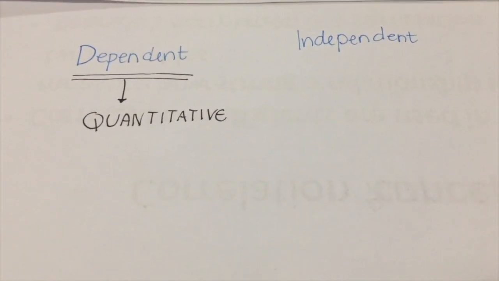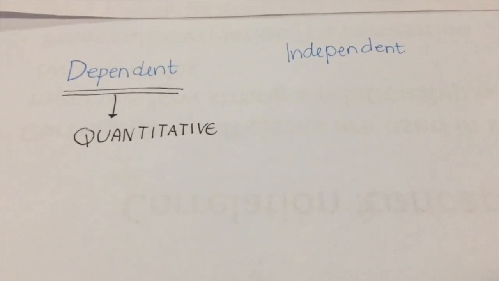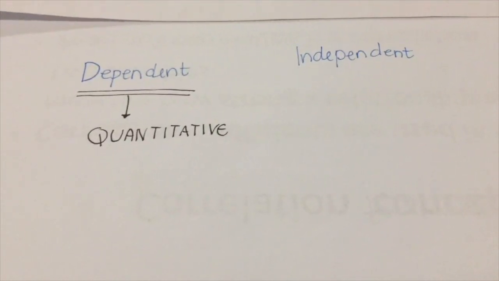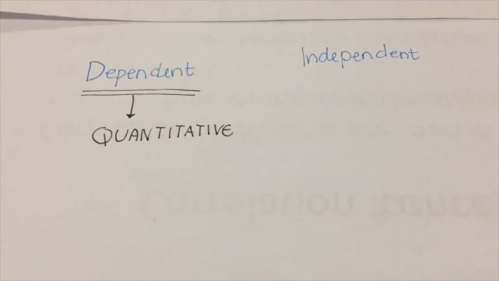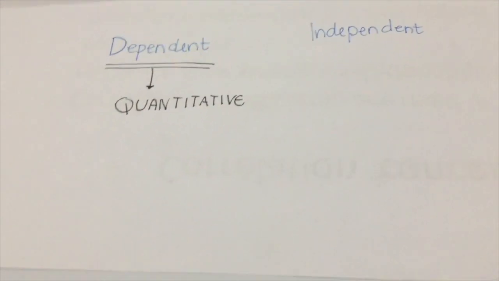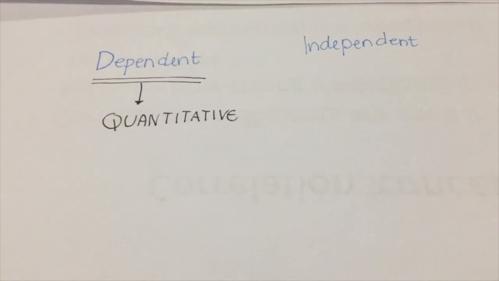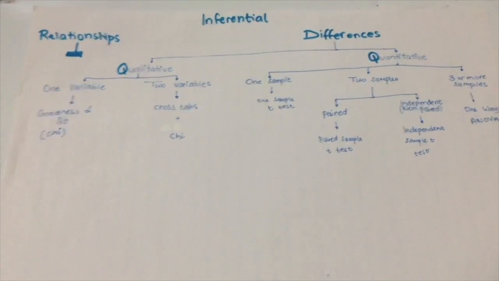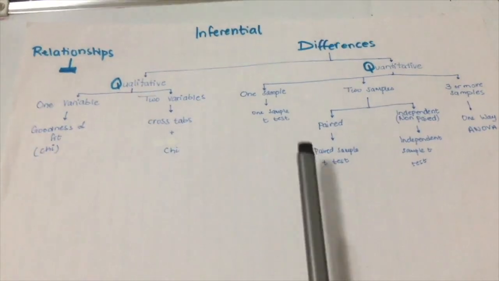The dependent variable has to be the quantitative one because it's the one we're analyzing. We're analyzing how the independent affects the dependent. So what you need to focus on is the dependent variable, which is supposed to be quantitative.